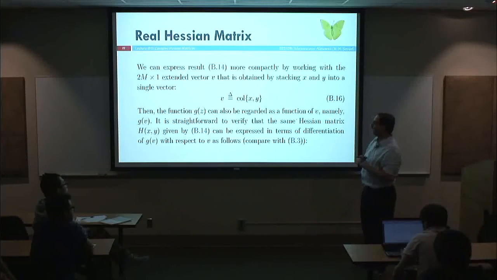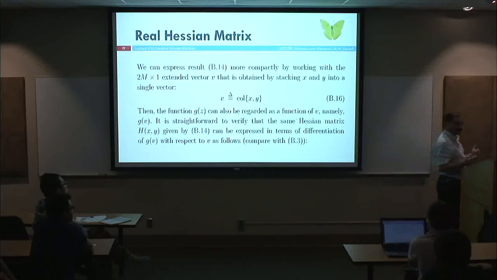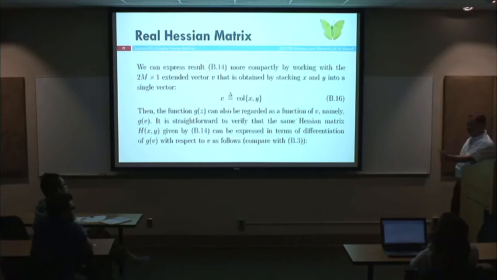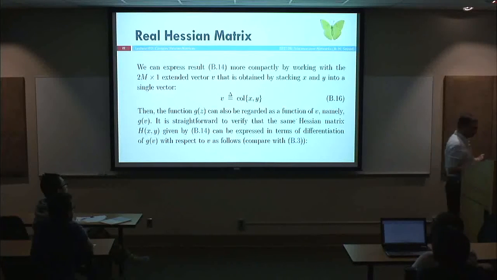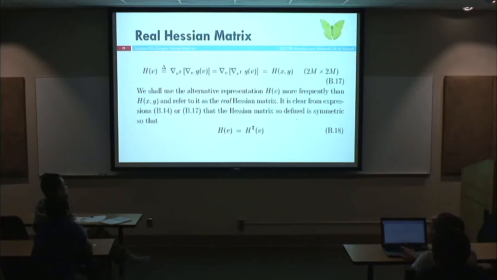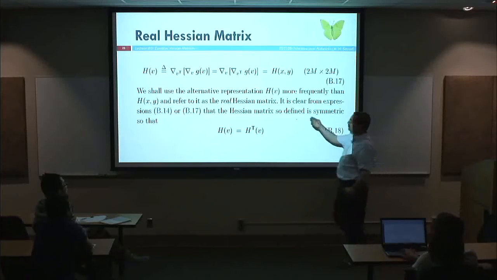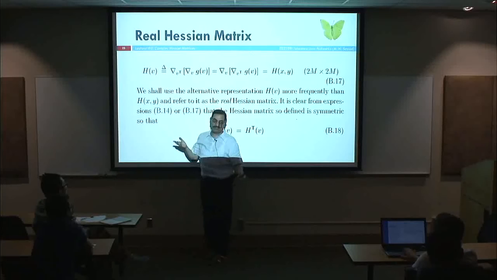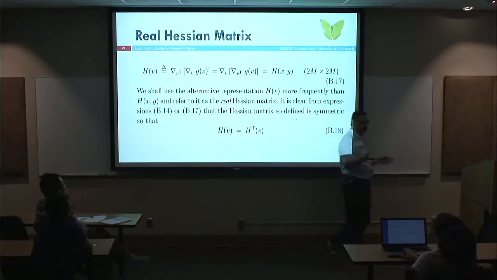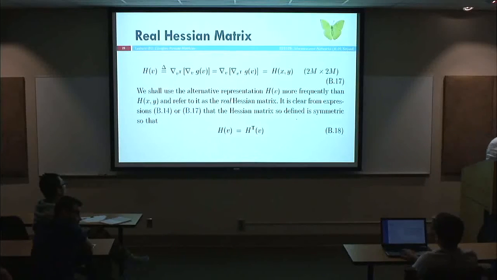Now another way to write this problem is, rather than thinking of x and y individually, lump them together into a vector v, fine? The matrix I showed you before actually corresponds to computing the gradient relative to v followed by the gradient relative to v transpose, right? You understand?